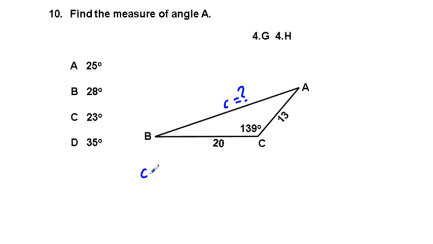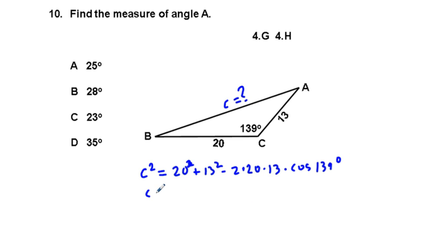So c squared, using law of cosines, is equal to 20 squared plus 13 squared minus 2 times 20 times 13 times cosine of 139 degrees.